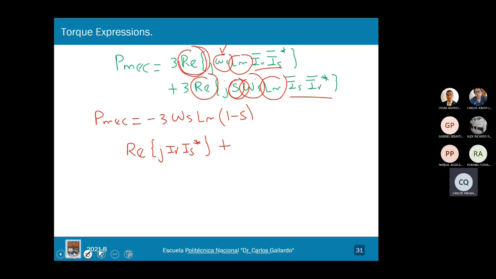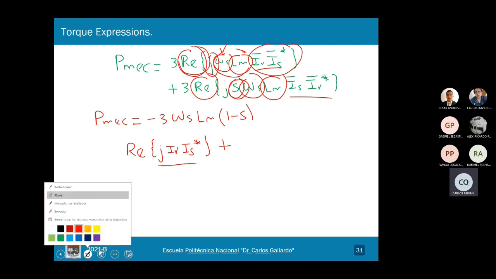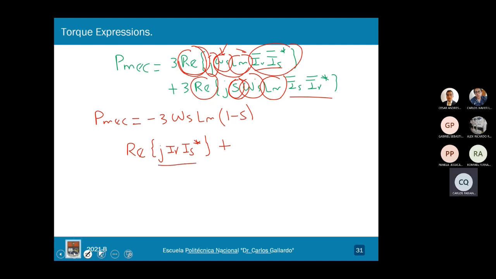Taking out these factors, I will have this and this. On the other hand, I will have the same: I take the real part of the rotor current, phasor, times the conjugate of the stator current.